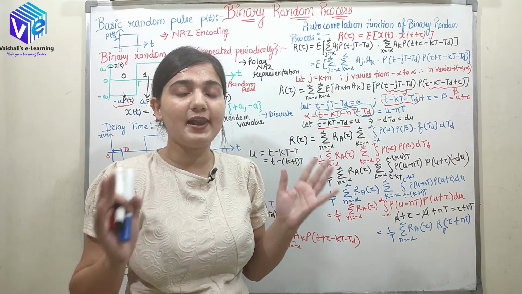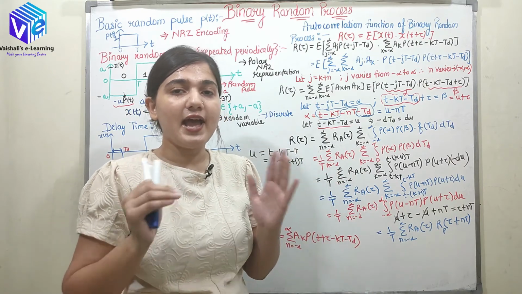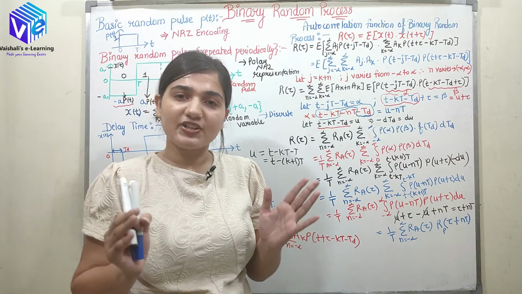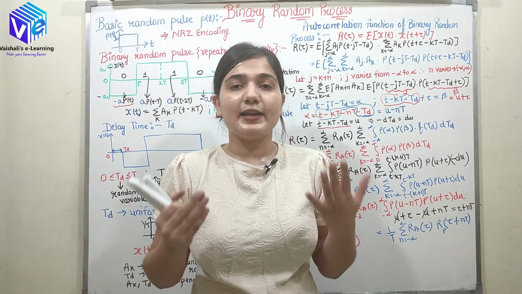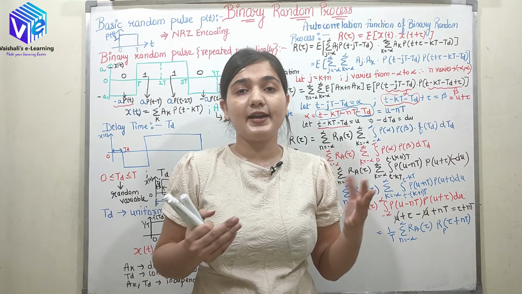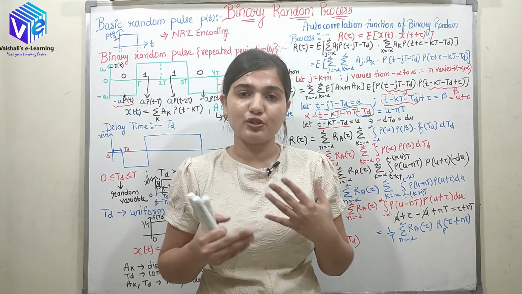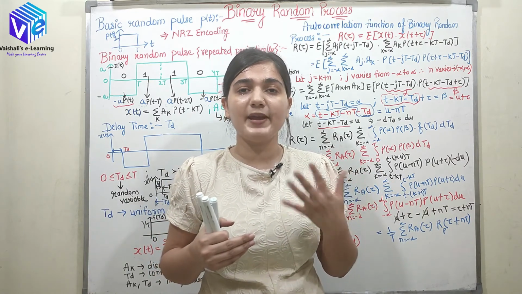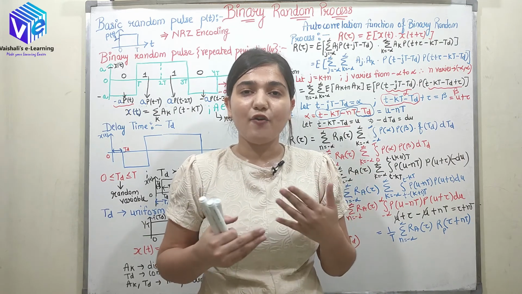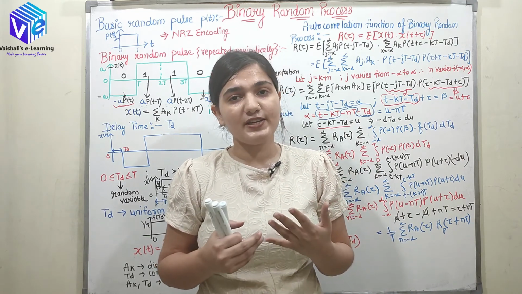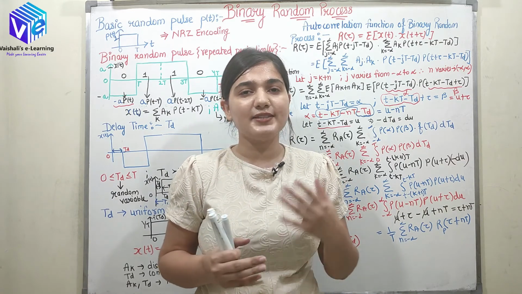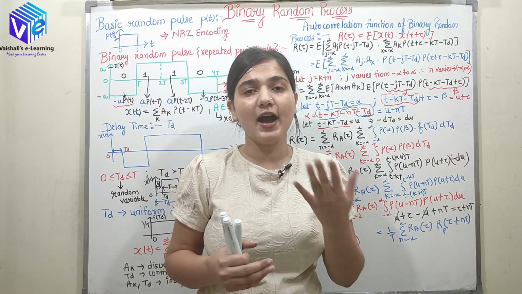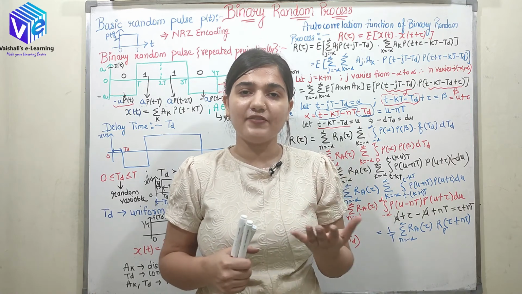With the help of this equation I can find the power spectral density of any type of line encoding scheme, like unipolar NRZ, polar NRZ, alternate mark inversion, which is also called bipolar NRZ, and Manchester. I have already covered those in my digital communication part. I hope you have seen that. If not, you can see them now, and you'll understand how I computed the power spectral density.